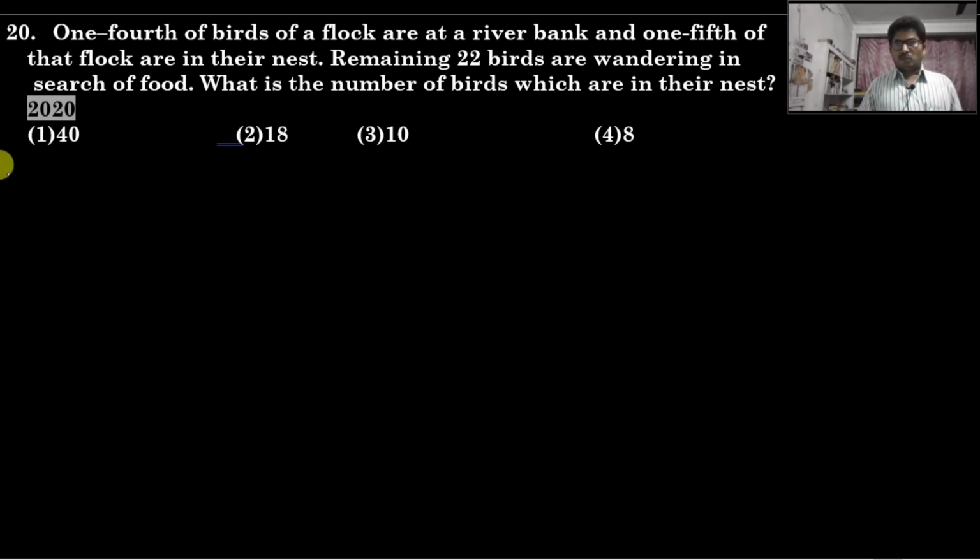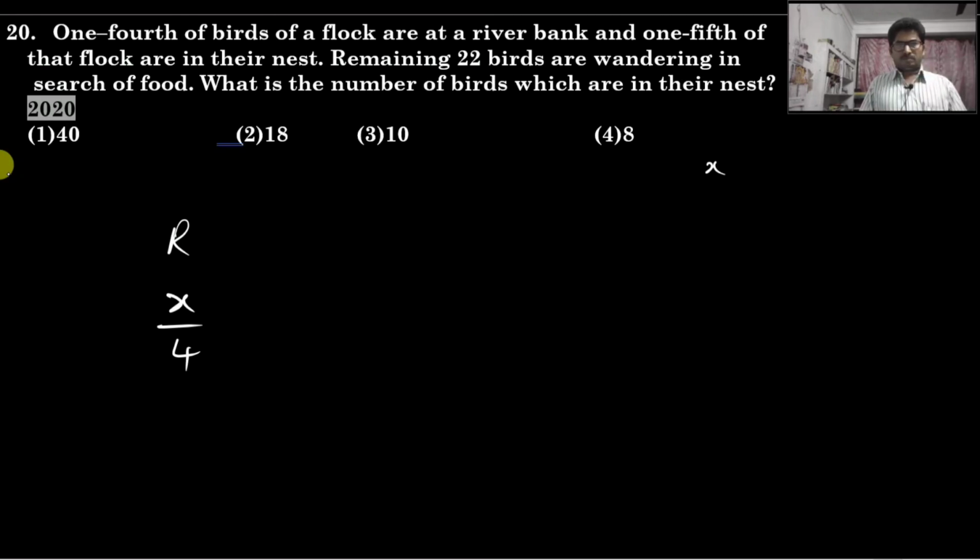Let the total number of birds be x. So 1/4 of the birds of the flock are at the river bank: 1/4 x, or x by 4.